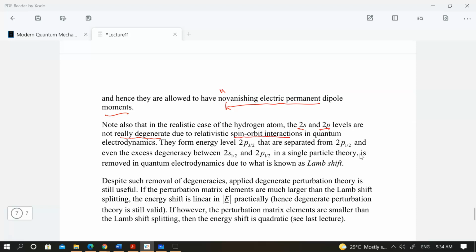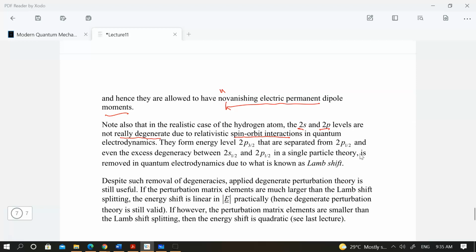Remember that the thing that we considered earlier was a spinless hydrogen atom. Okay, spin will come in the context of relativistic ideas. Spin will come in, and there will be spin orbit interactions inside the hydrogen atom.